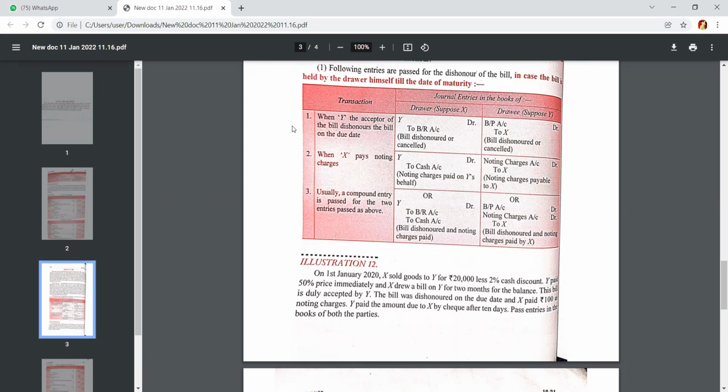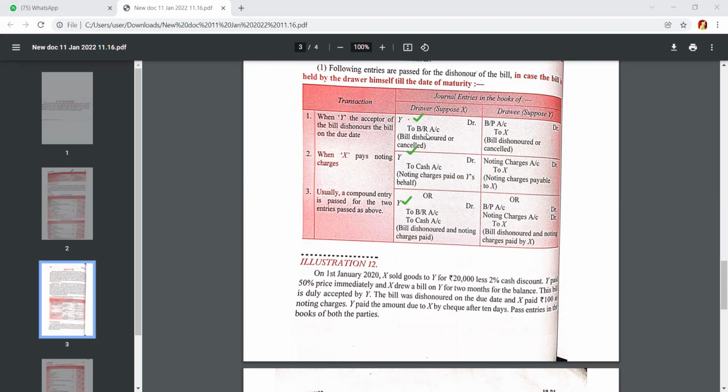If you look at this very carefully, in both of the cases, Y is debiting over here. See, Y debit here, Y debit here. So in a way, we can combine this entry and we can mark Y debit.